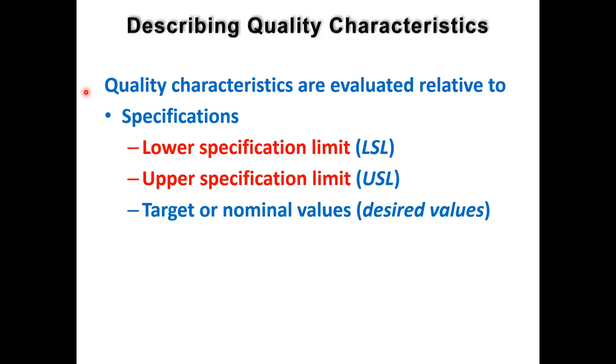Now, in many cases, quality characteristics are evaluated in relation to the specification. Specifications are actually the measurements given by the design department or R&D department. So when they have items to be produced, it comes together with its specifications. And for all specifications, generally they have their lower and upper specification limit.